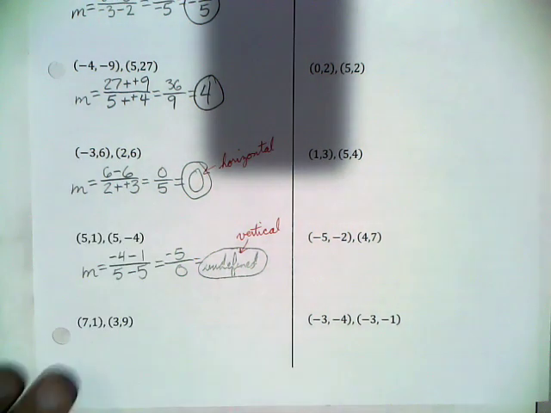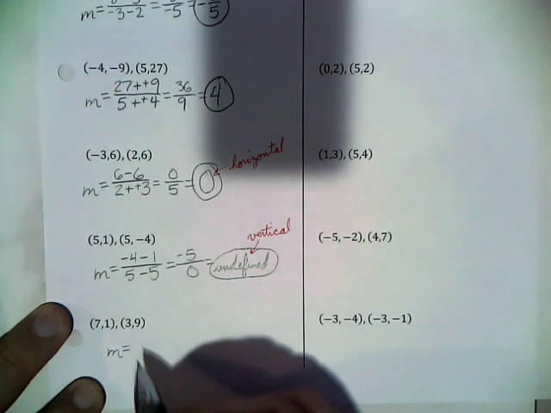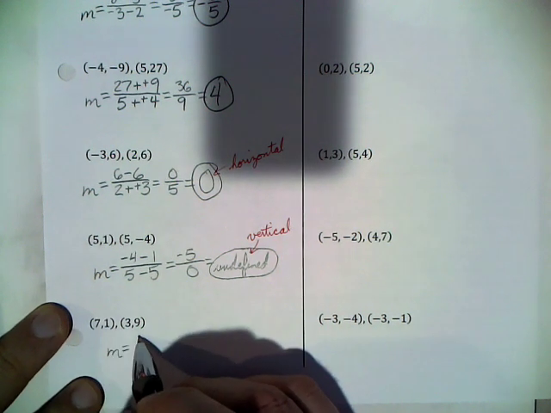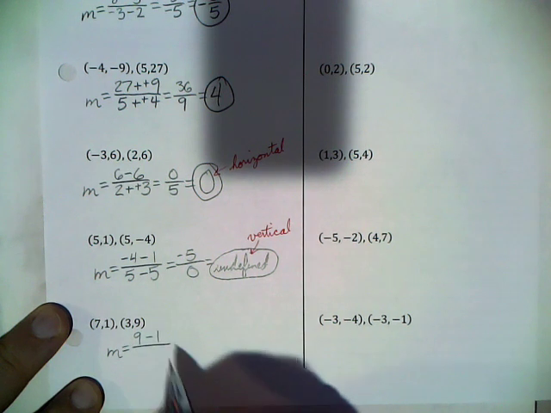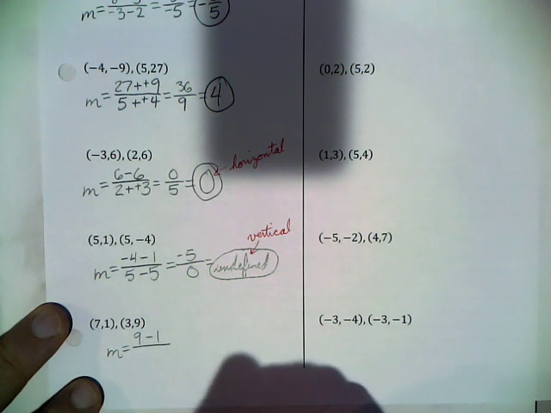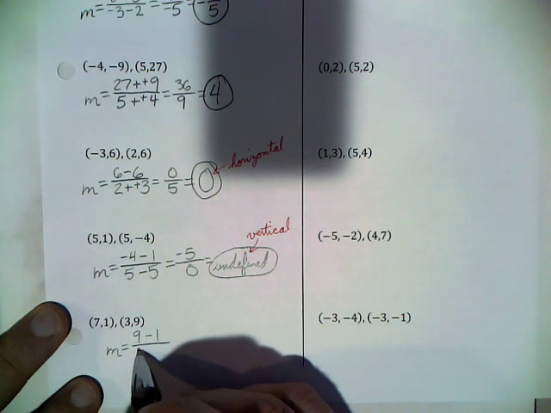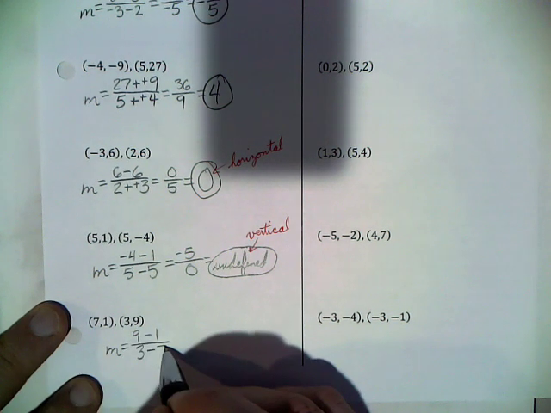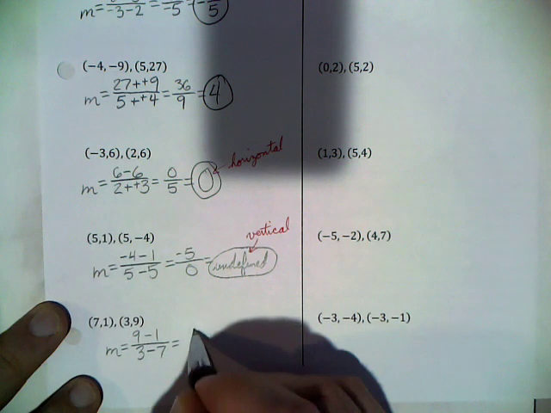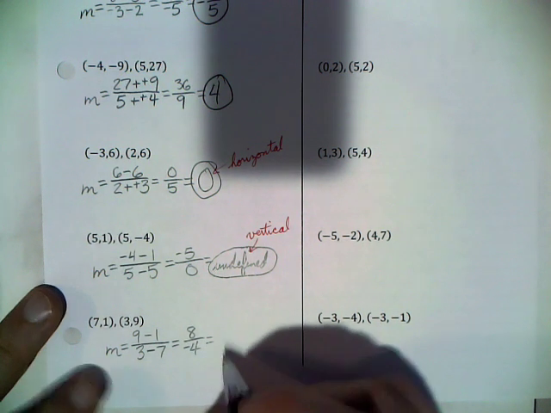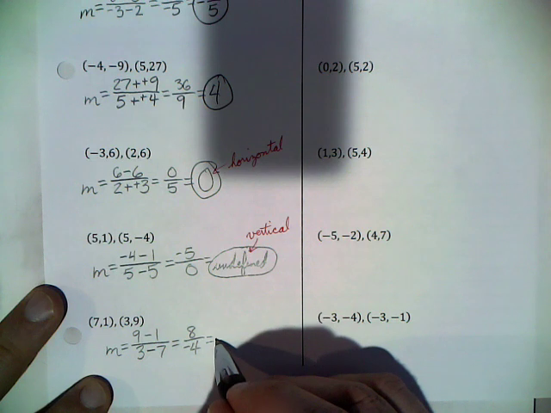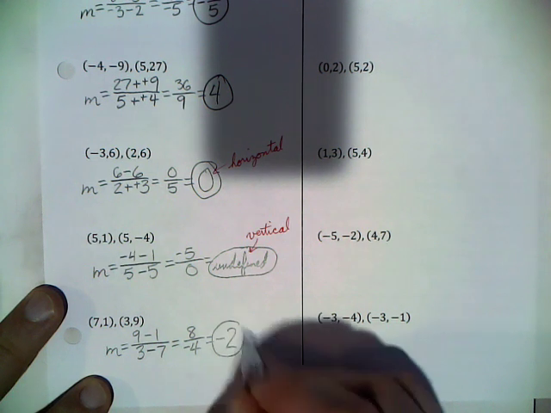All right, next example. m equals y sub 2 minus y sub 1. So the second y value 9 minus the first y value 1, over x sub 2 minus x sub 1. So the second x value 3 minus the first x value 7. That's 8 over a negative 4. 8 over 4 is a 2, but a positive divided by a negative is a negative, so negative 2.